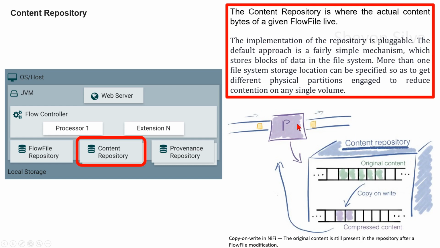Here you can see the processor is connected to the content repository, and in the content repository the original content is connected to the compressed content on copy on write, and the compressed content is connected to the processor.